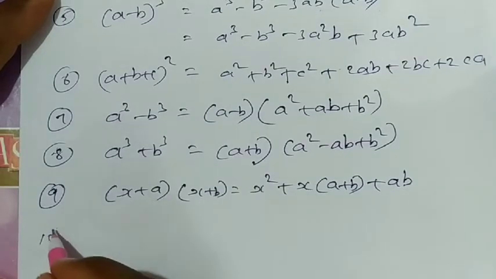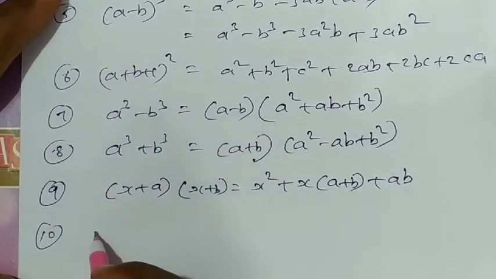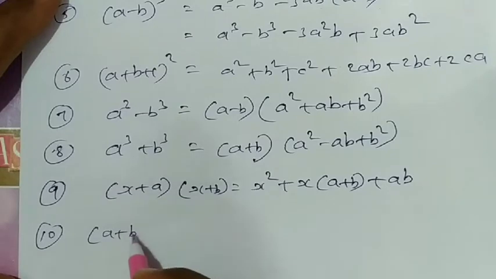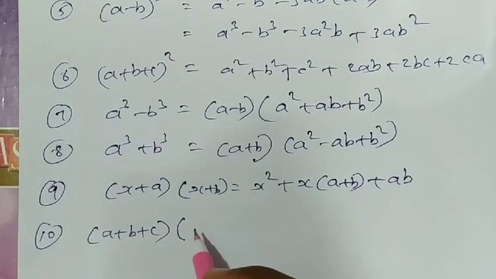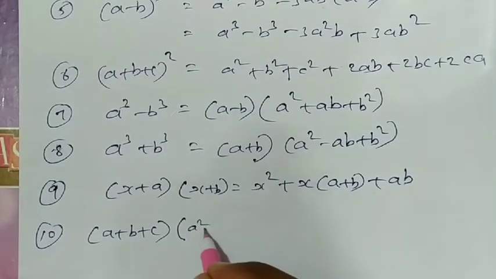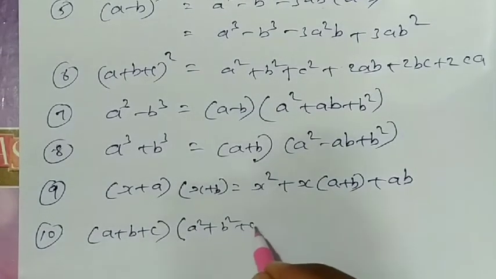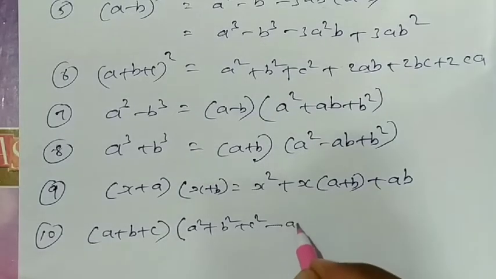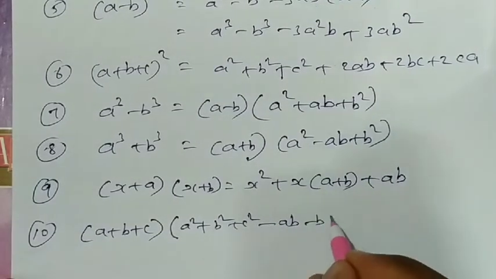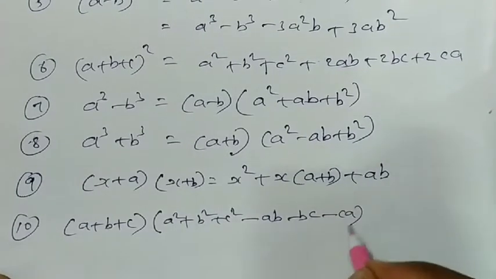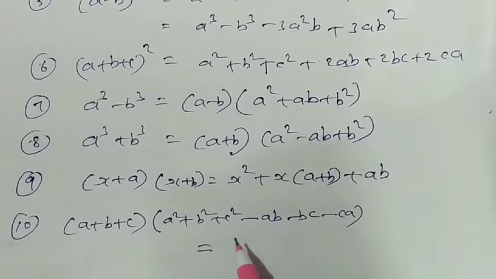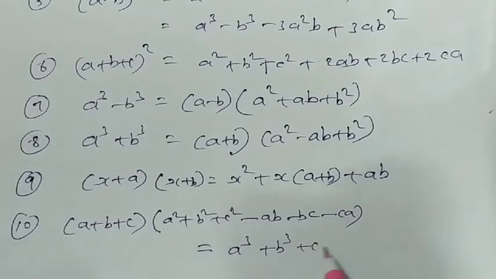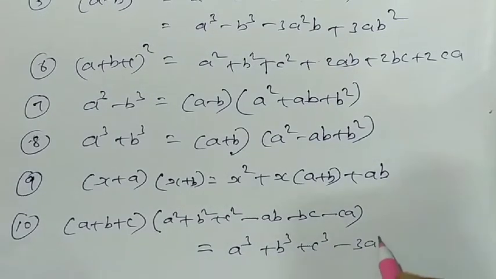And next, the 10th algebraic identity, (a plus b plus c) into (a square plus b square plus c square minus ab minus bc minus ca) can be written as a cube plus b cube plus c cube minus 3abc.